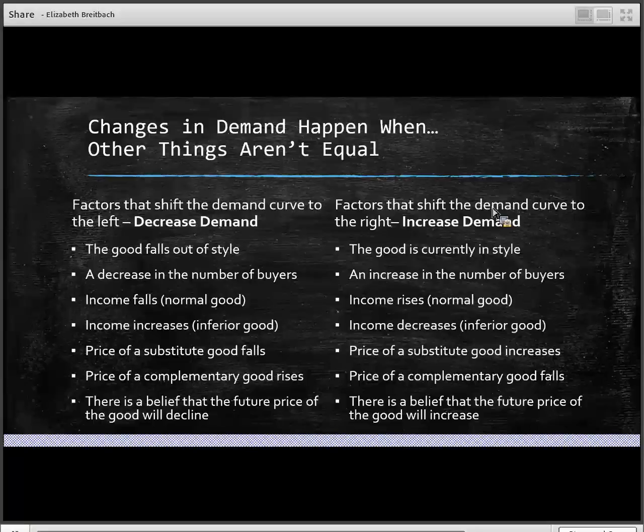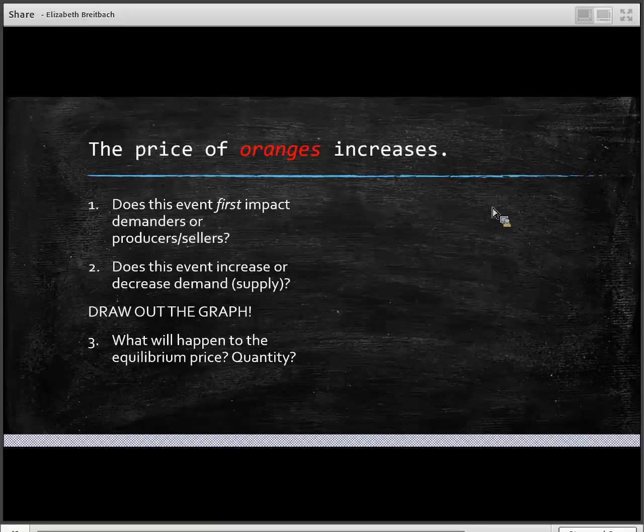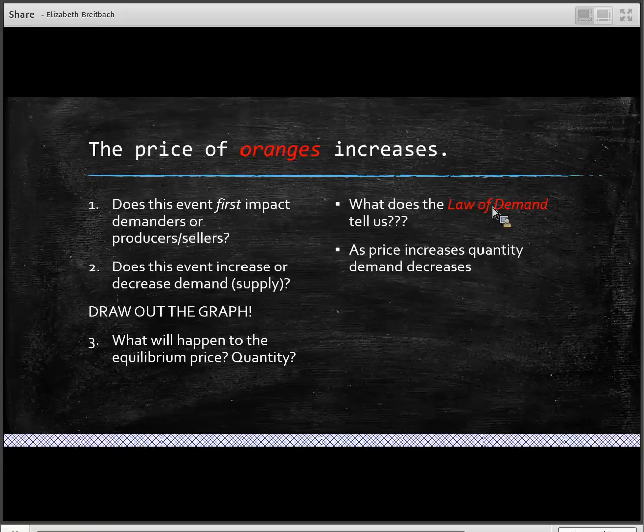But remember, what does the law of demand tell us? As the price increases, the quantity demanded decreases. And so when we're looking at our graph and you just see a statement like the price of oranges increases, how is this going to impact the market for oranges?